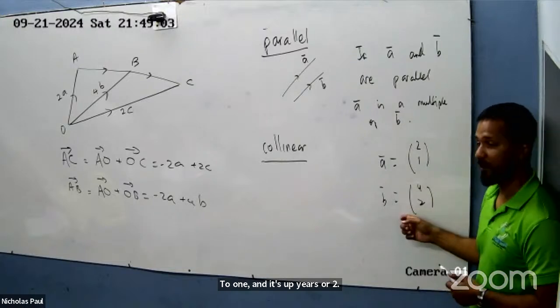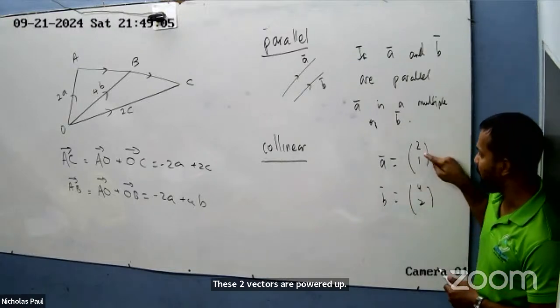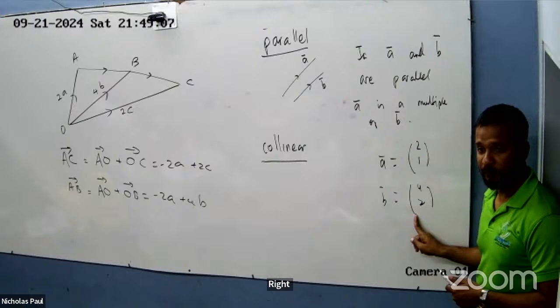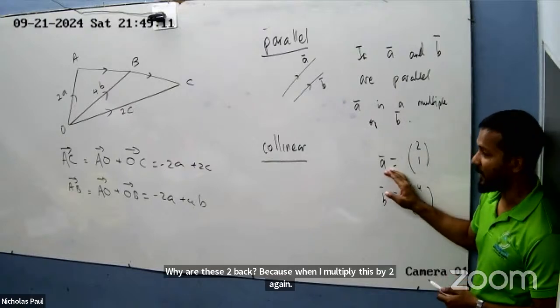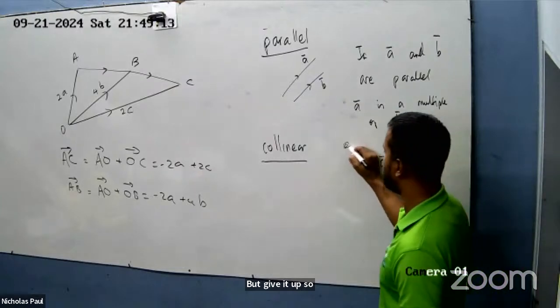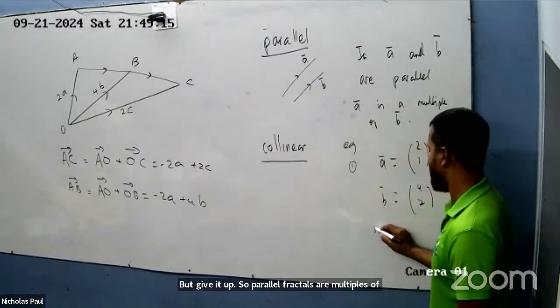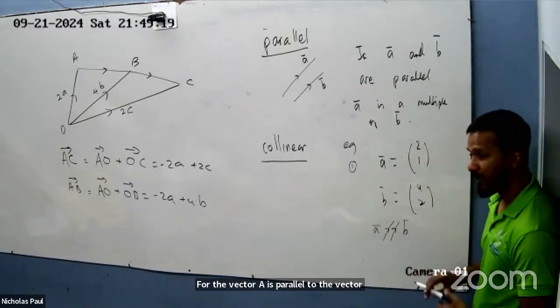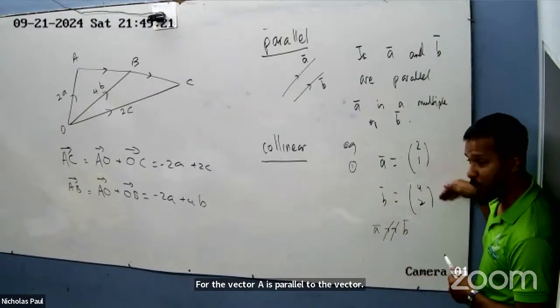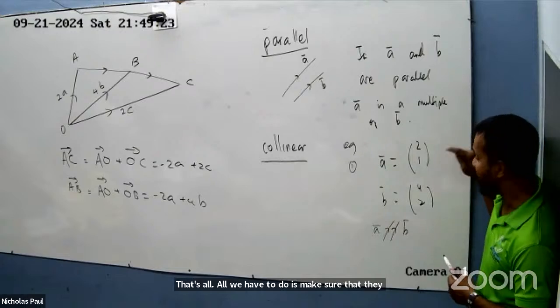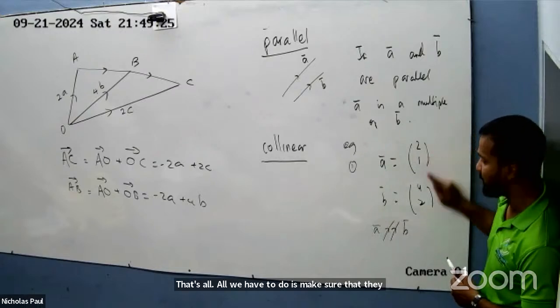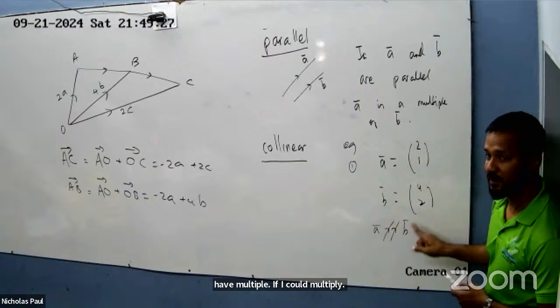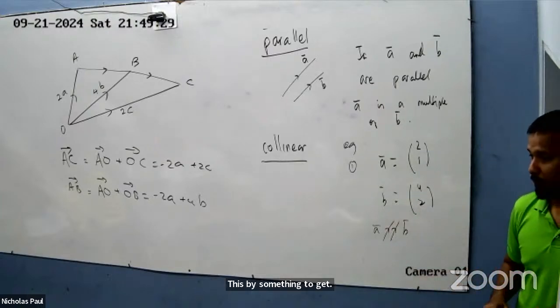Why are these two vectors parallel? Because when I multiply this by 2, I get that. Okay with that? So parallel vectors are multiples of each other. That's all. All we have to do is make sure that they are multiples of each other. If I could multiply this by something to get this, they are parallel. All right, copy this now.